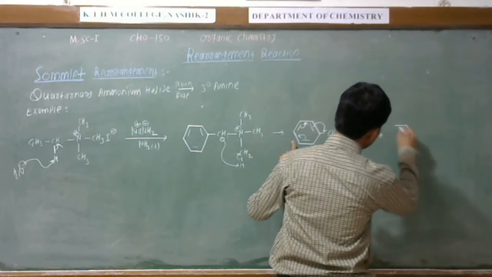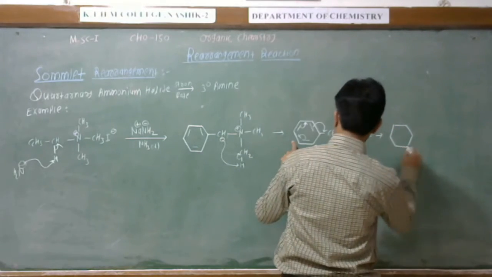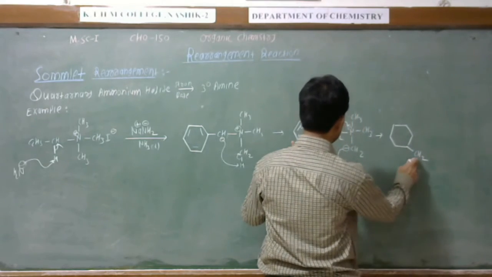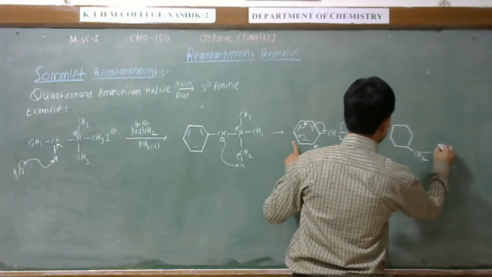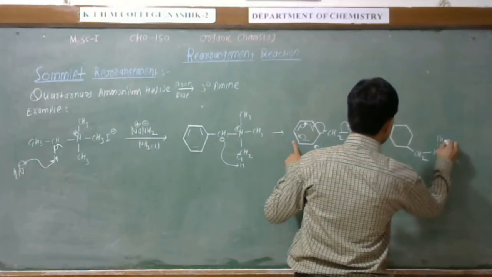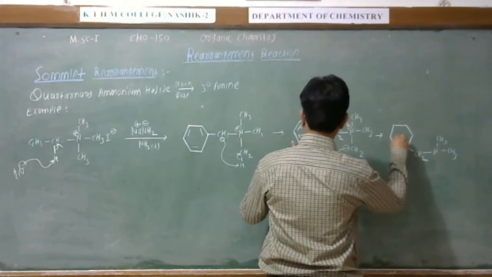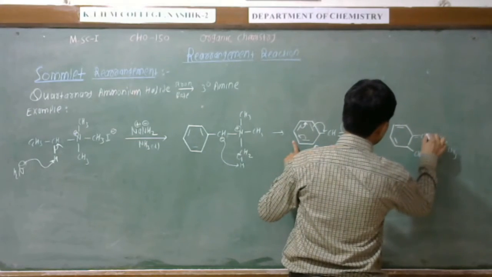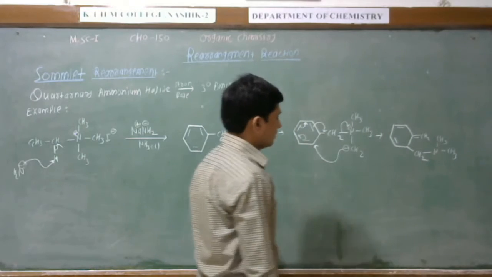This is the phenyl ring, here is the CH2 attached to it, and next to the CH2 there is the nitrogen with CH3 and CH3, and here are double bonds and an exocyclic CH2 double bond.